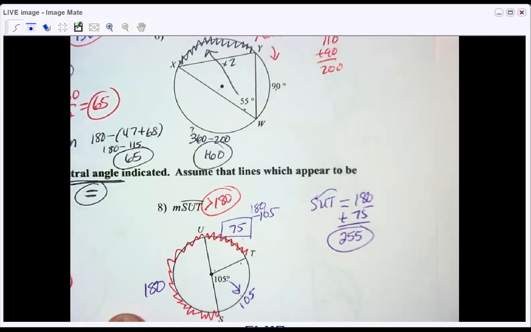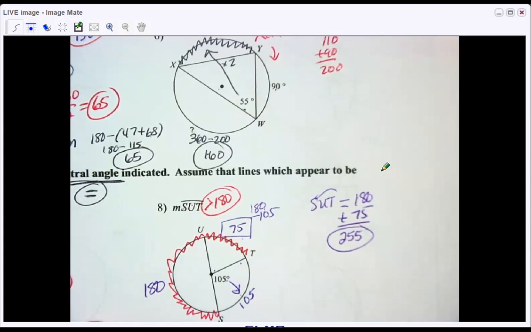So a few people had incorrect answers. Oh, okay. I see. Some of you had 285 before. I apologize. I didn't catch that. But you're not adding these two together to get this.